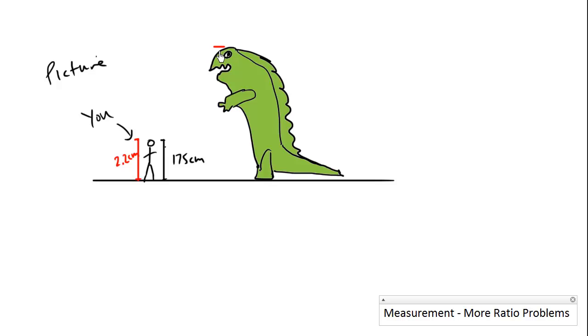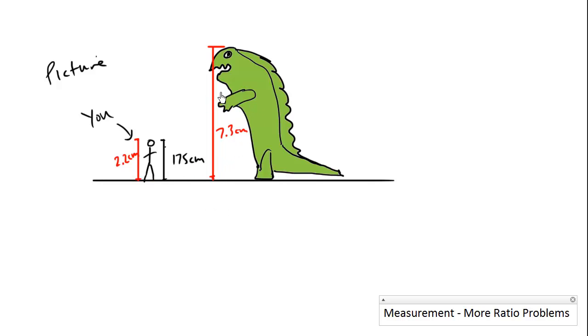So what we can do here is, according to the picture height, we're just going to use a ruler, and if you measure it, we're just going to say this is about 7.3 centimeters. Now clearly the monster is not 7.3 centimeters tall. You yourself are 175. So we have to set up our fraction correctly.